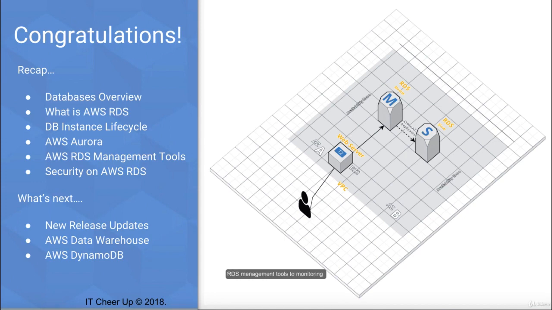We demonstrated AWS RDS management tools to monitor database performance, such as CloudWatch, Events History, Logs, Trusted Advisor, and Performance Insights. We reviewed AWS RDS security and practiced RDS encryption and authentication.